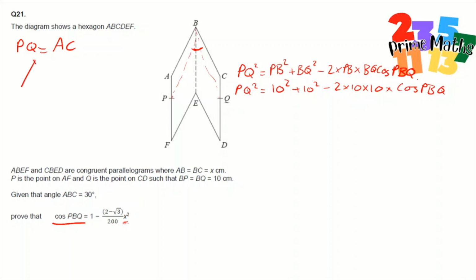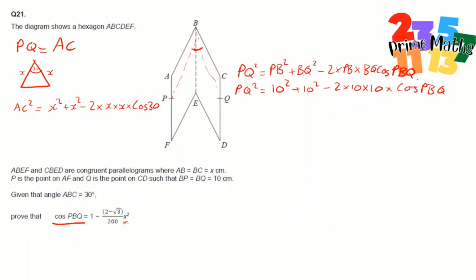AC is its own triangle. It tells us the angle ABC is 30. It also gives us that AB and AC are both x. So to work out the length from A to C, we're going to use the cosine rule. We know that AC squared is going to be equal to x squared plus x squared minus 2 times x times x times by cos of 30.